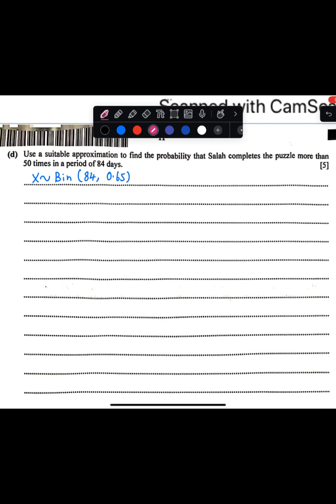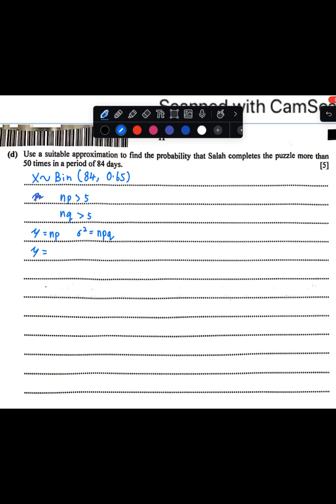And we are done. Now for part D, it's a binomial approximation to the normal distribution. So first step, we've got to check if np and nq are greater than 5 or not, which obviously they are. It's a good habit to check first if they are suitable. After that, we can find the mean and the standard deviation. The mean is np and the variance is npq.